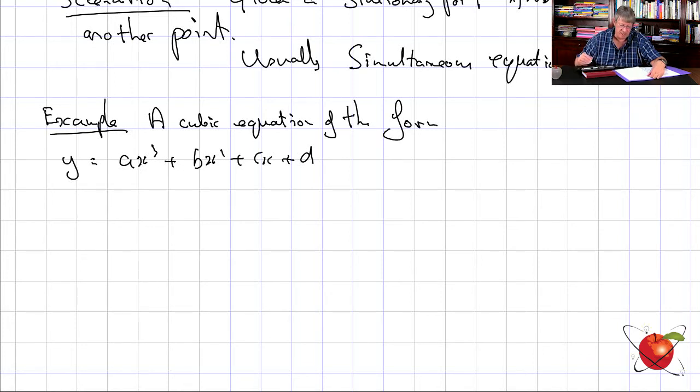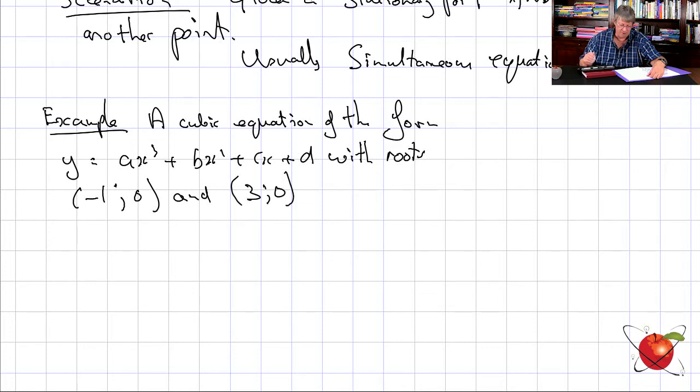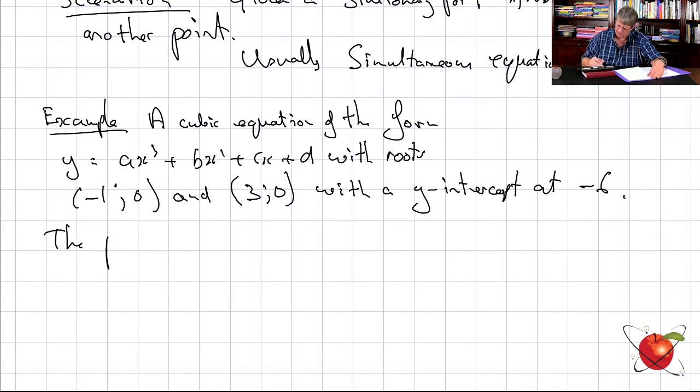Cubic of that form with roots -1 and 0, and 3 and 0, with a y-intercept at -6. The last thing is the point -1 and 0 is a turning point.